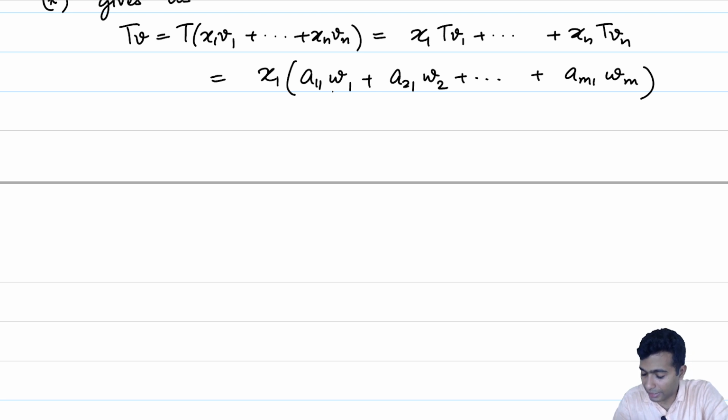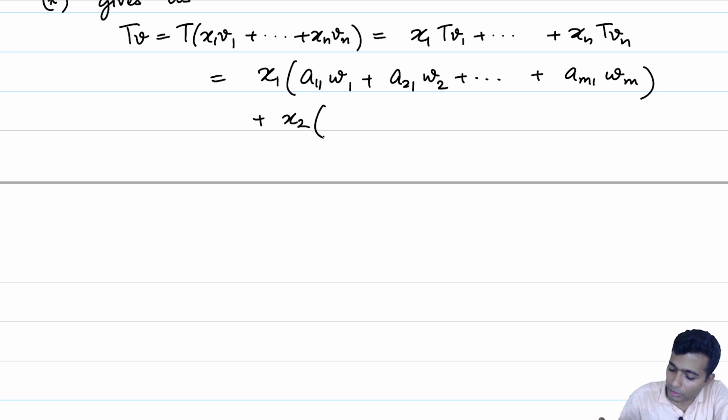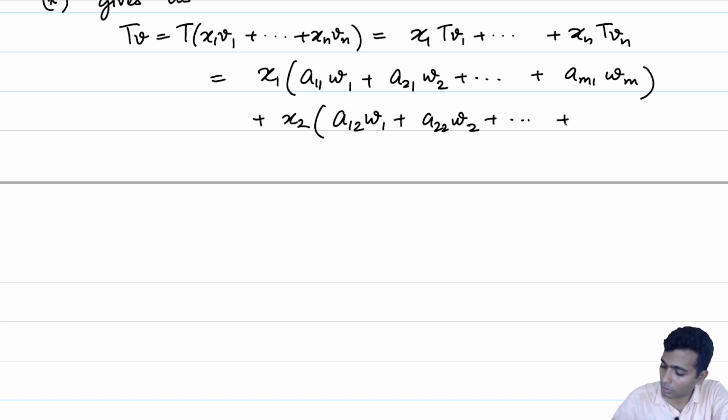Observe that the second index corresponds to v1 and the first index corresponds to the running w1, w2 up to wm. Similarly, Tv2 can be written as a12 w1, where the second index corresponds to the vector v2 and the first corresponds to w1, plus a22 w2 plus up to am2 wm.